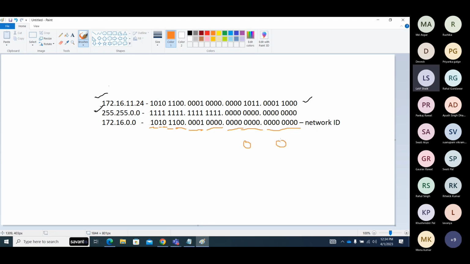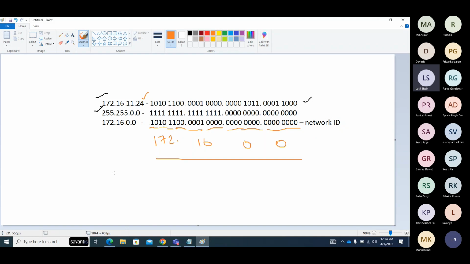This is already 0. This is 16. This is 172. This is the network ID of this particular IP address based on this subnet mask.